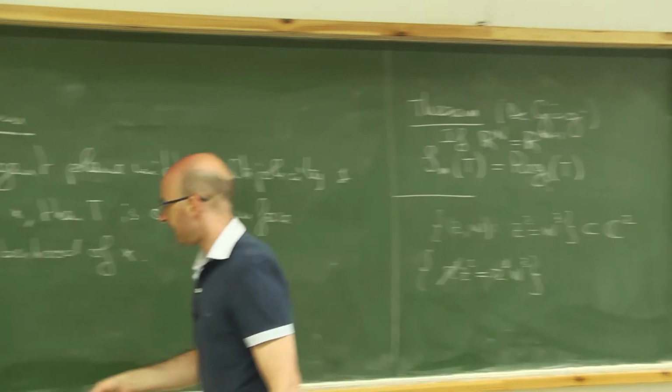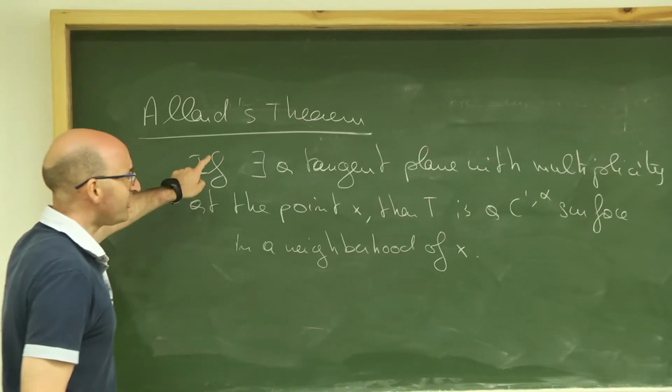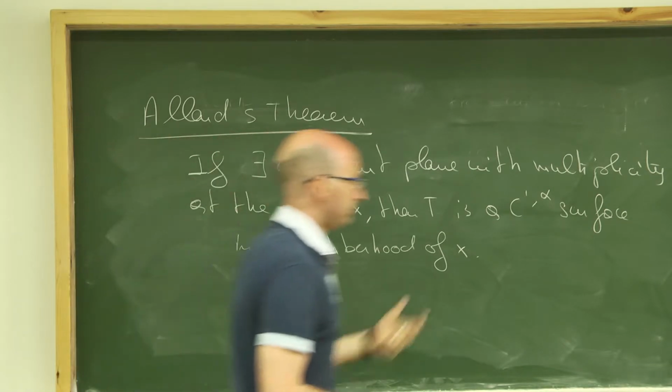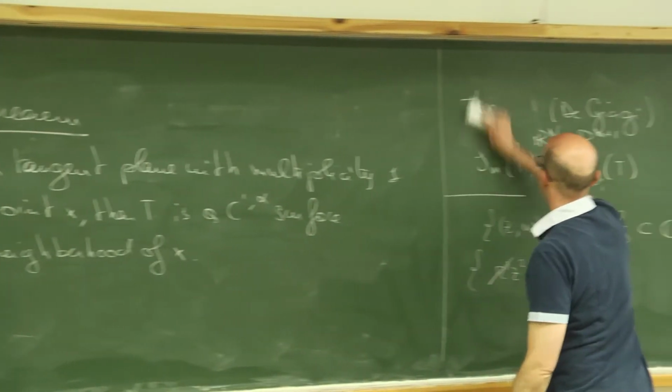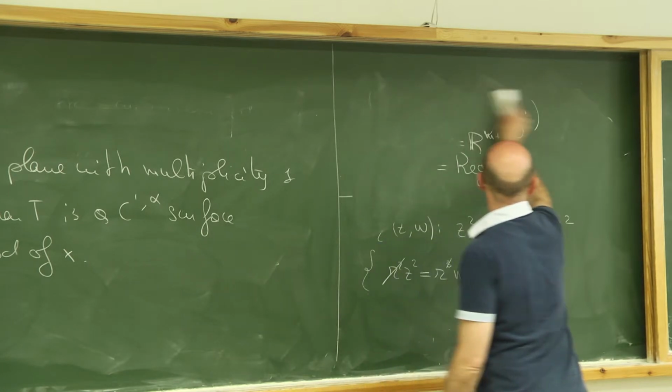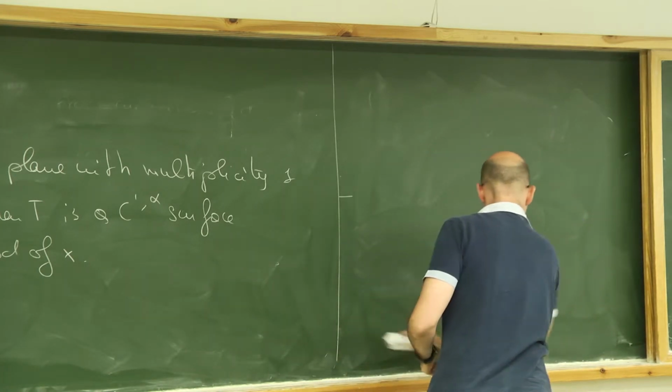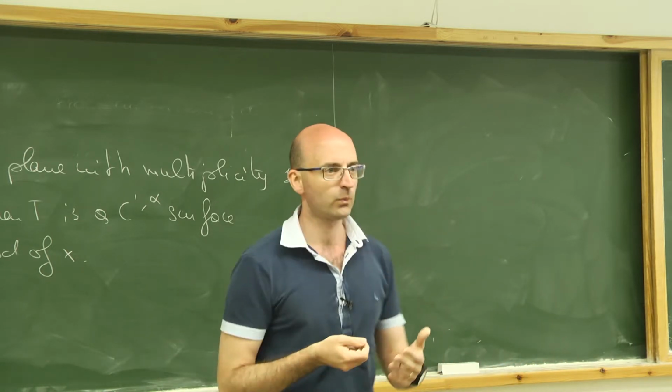Okay? And what is the idea behind Allard's theorem, behind De Giorgi's theorem, behind pretty much all of these regularity theorems in this context? Well, the idea is the following.